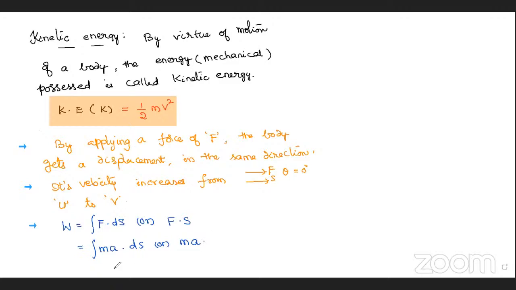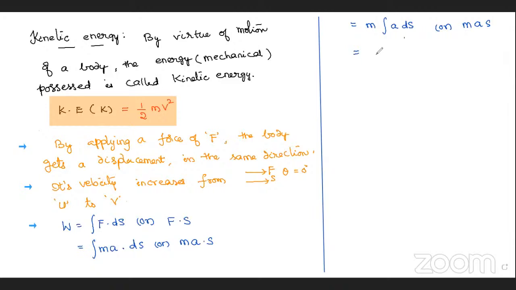Or m a into s. I think no need to put the dot product, because both are in the same direction. In the dot product, cos 0 becomes 1. So in the next step, without the dot, straight away I write this equals m constant taken out, integral a into ds without dot, or the other one is m a s.